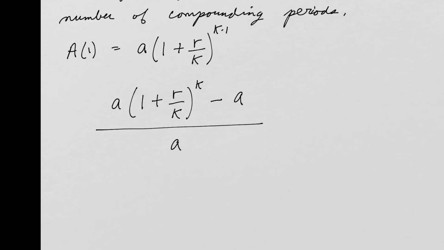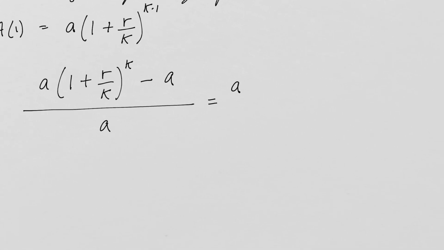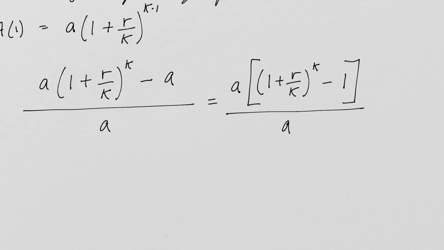To simplify this, you could factor out an A in the numerator. So I'm going to be left with (1 plus R over K) to the K minus 1, all over A. Do you guys see that?